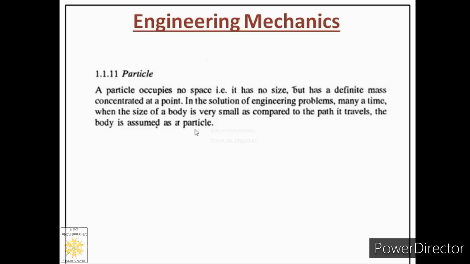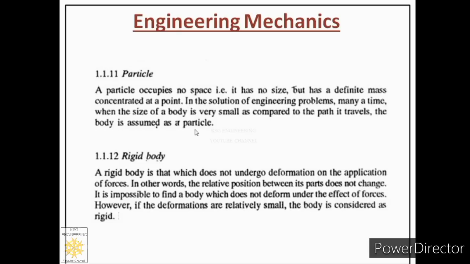Suppose we want to find out what distance is covered by an aeroplane in a particular time. In that case you will find that the aeroplane is very small as compared to the distance traveled by that aeroplane. So we consider the aeroplane as a particle in that case. It helps us to solve the problem, and you will come to know this when you actually solve some problems in this course.